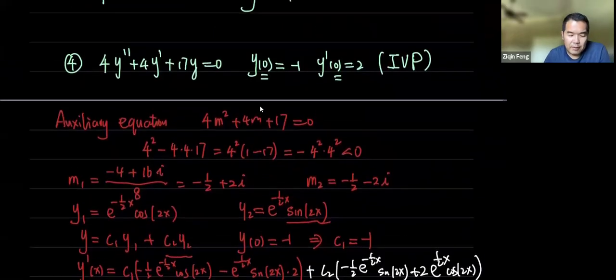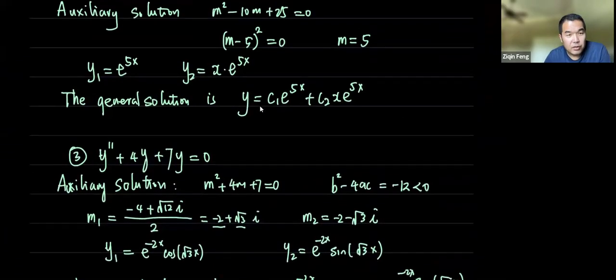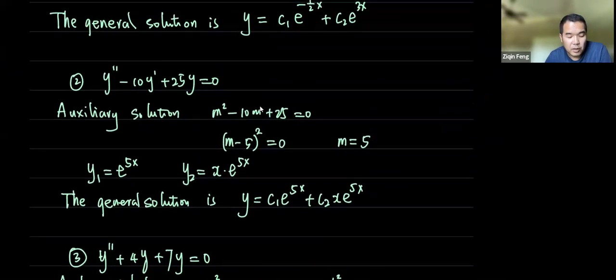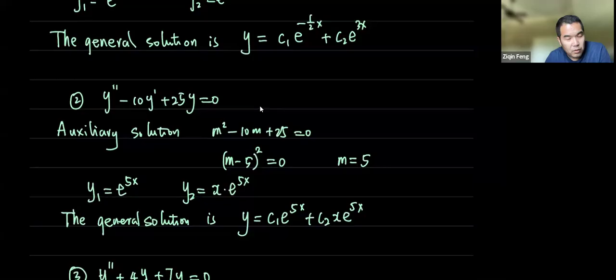So in all our examples, we have a second order linear homogeneous differential equation whose coefficients are constant. So we change our equation to a quadratic equation.